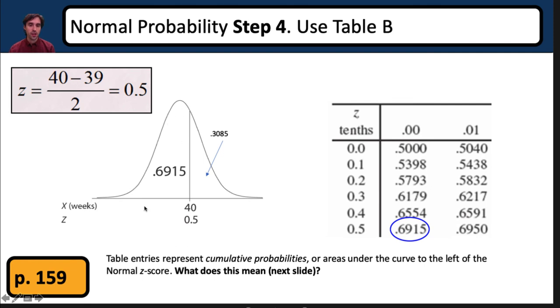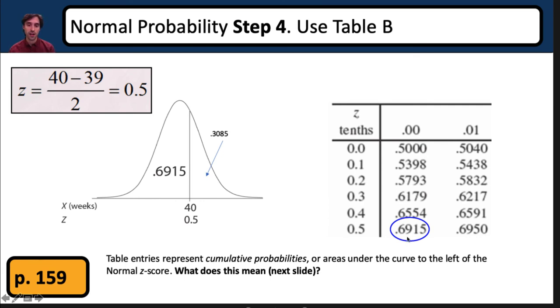So when you look at the back of the book, once you find that z-score, right here we have 0.5. So if I go into the back of the book, I will look up 0.5. Because it is just 0.5, not 0.51, we wouldn't go any further.